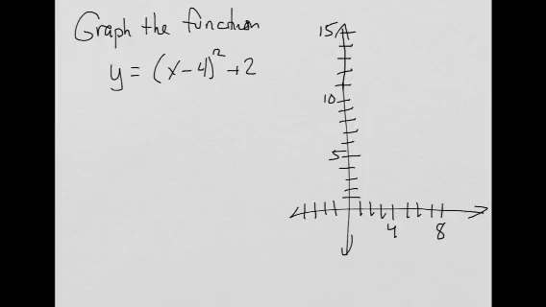So let's look at this function, y equals x minus 4 squared plus 2. By the fact we have this square in here, it makes me think this is a member of the quadratic family.